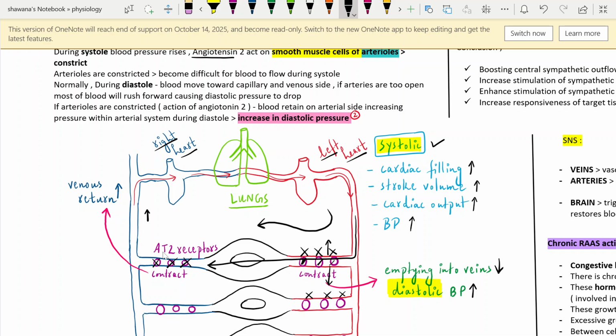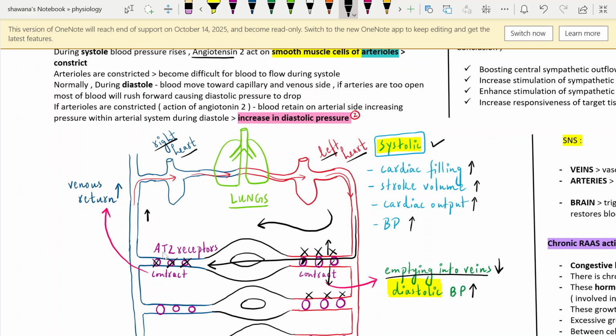During the diastole, it will cause the blood retention on the arterial side. Emptying into the vein is reduced. Originally, when the arteries were wide open, it will cause the blood to flow from the arterial side towards the capillary and venule side.